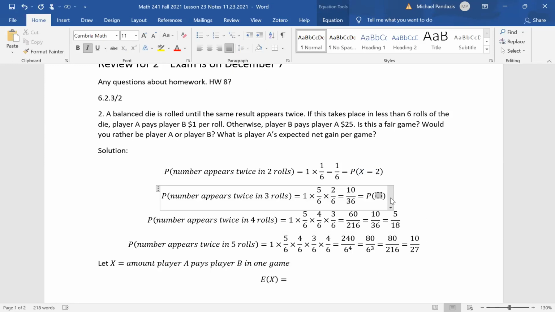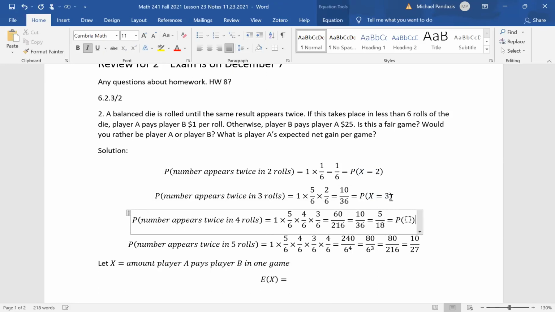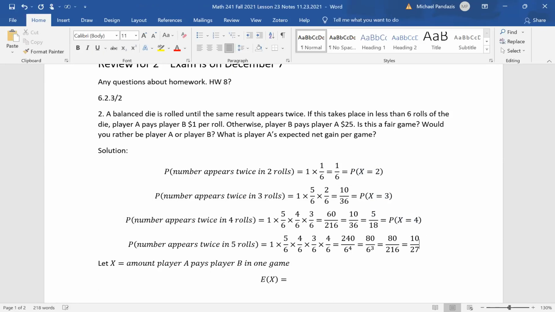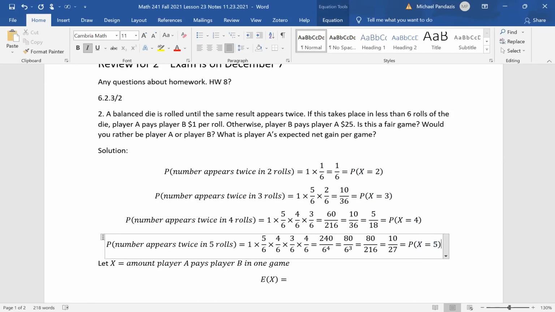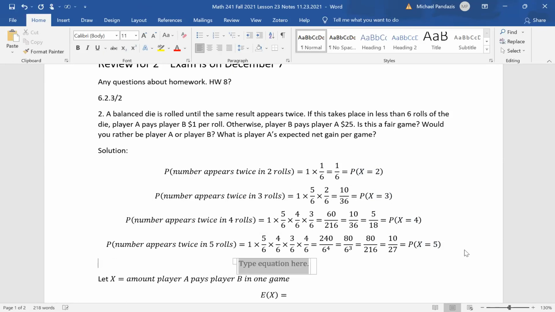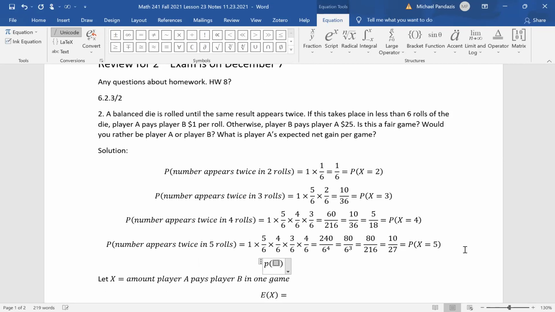Now this is the probability that X equals 3. This is the probability that X equals 4. This is the probability that X equals 5. Otherwise, player B pays player A $25.